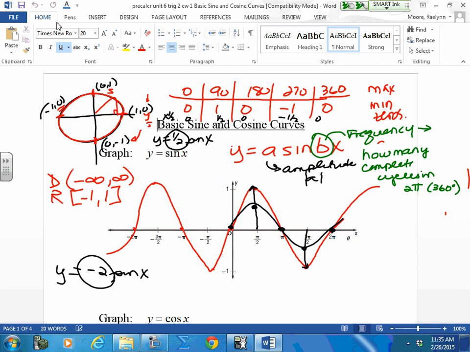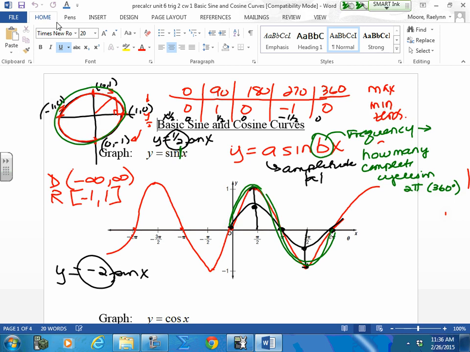How many complete cycles did I make in 360 degrees? Now, for my red sine curve here or my black sine curve, how many complete cycles did I make? 1 complete. I went all around my unit circle, all the way around back to 360. I made 1 complete circle. That's the 1 right there. The 1 in front of the X is how many cycles did I make?